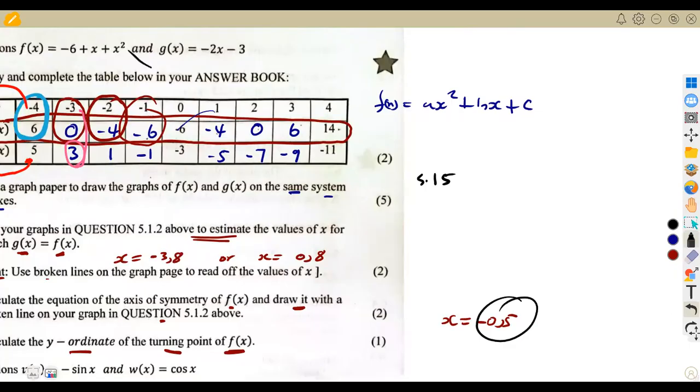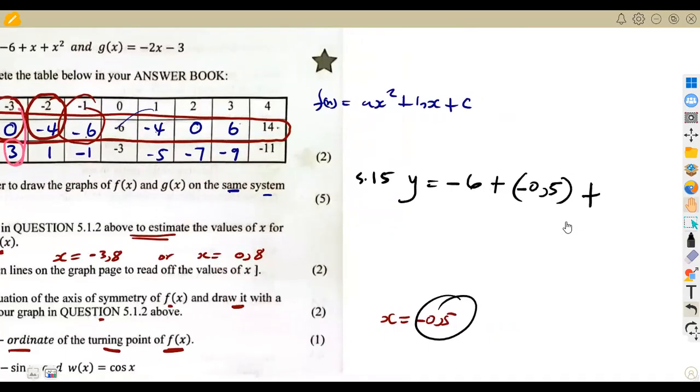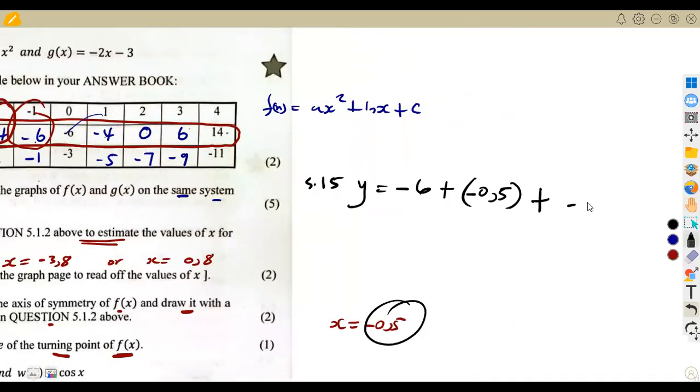So y is going to be minus 6, plus x, which is minus 0.5, plus x squared, which is minus 0.5 squared.